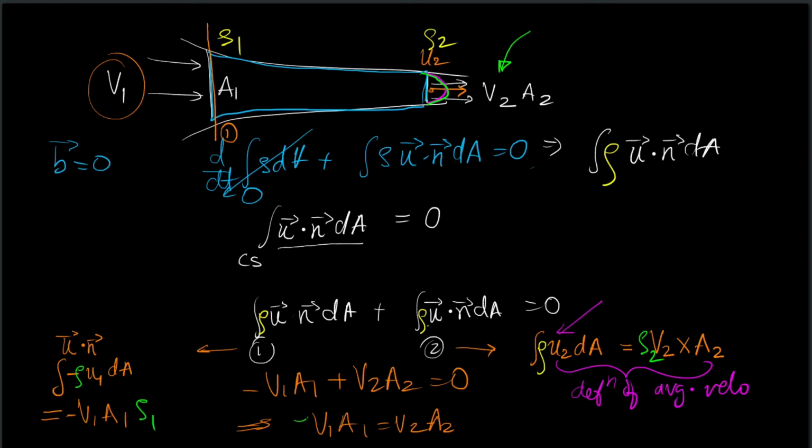As simple as that. Then this is just a statement of the conservation of mass for a steady state system. And if the density is constant, it becomes a statement of the conservation of volume, and by extension the conservation of mass as well.